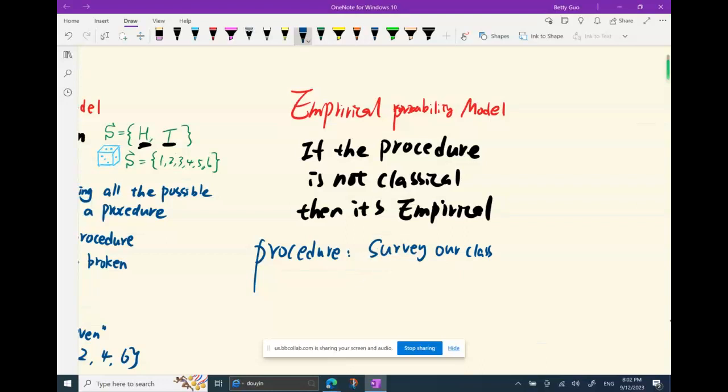We are going to ask the question: do you smoke cigarettes or not? You guys are all subjects. I'm the researcher. I'm going to survey you. So all you guys are the subjects. I'm going to ask you: do you smoke cigarettes? Smoker or not smoker?